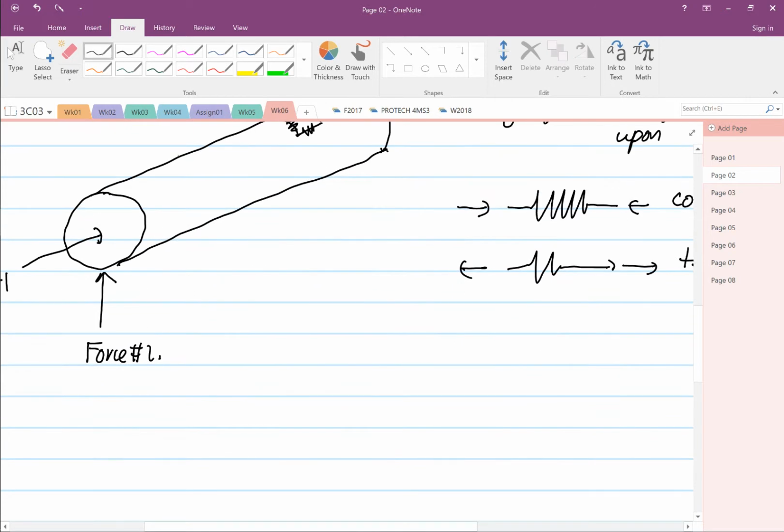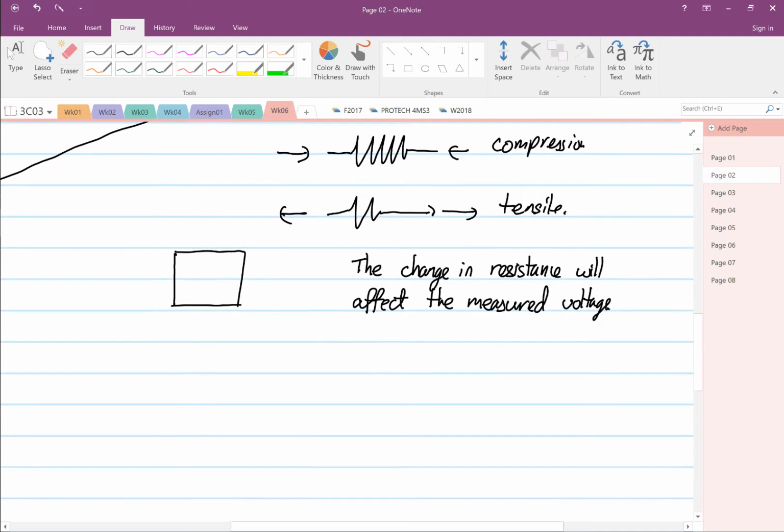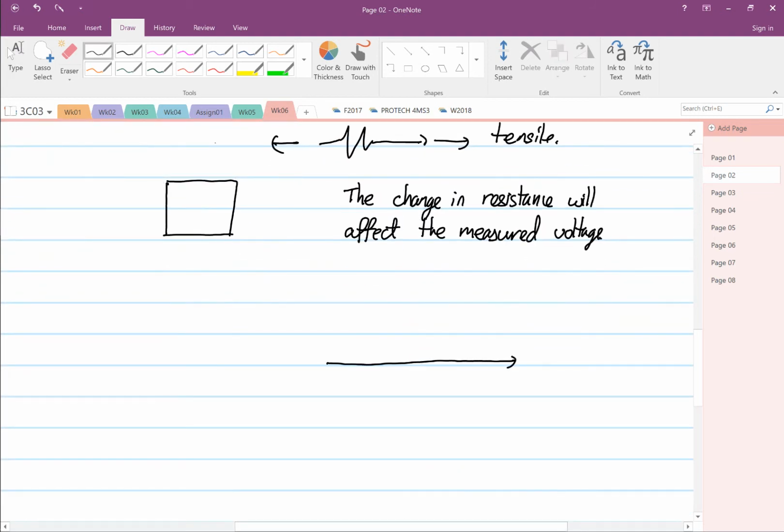Okay, so what you get is a change in resistance, right, will affect the measured voltage, then we will have a relationship with voltage, and also we can have a voltage with stress.